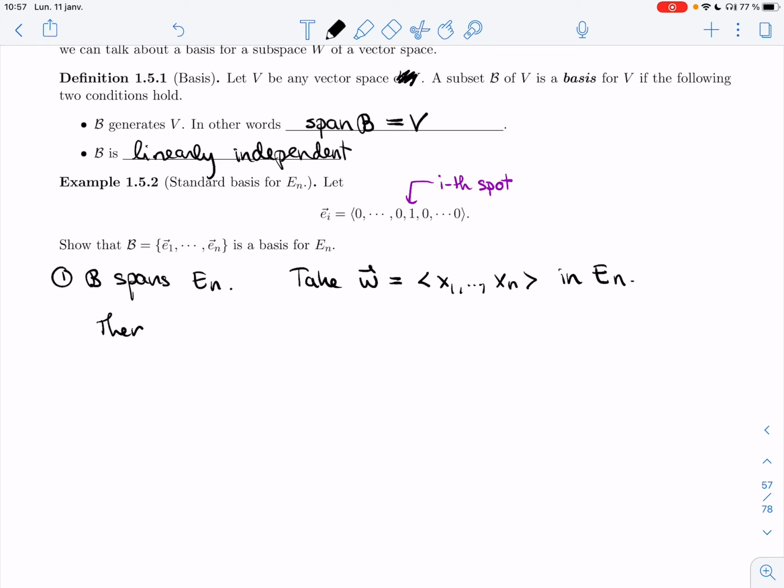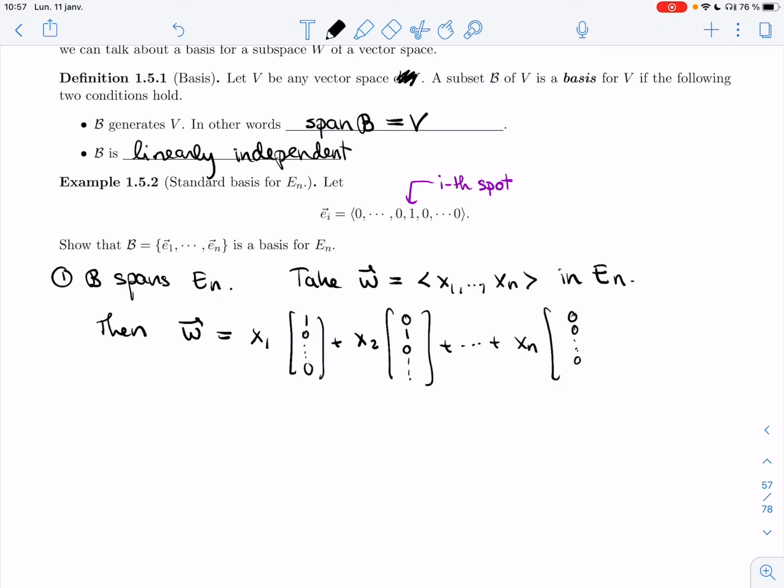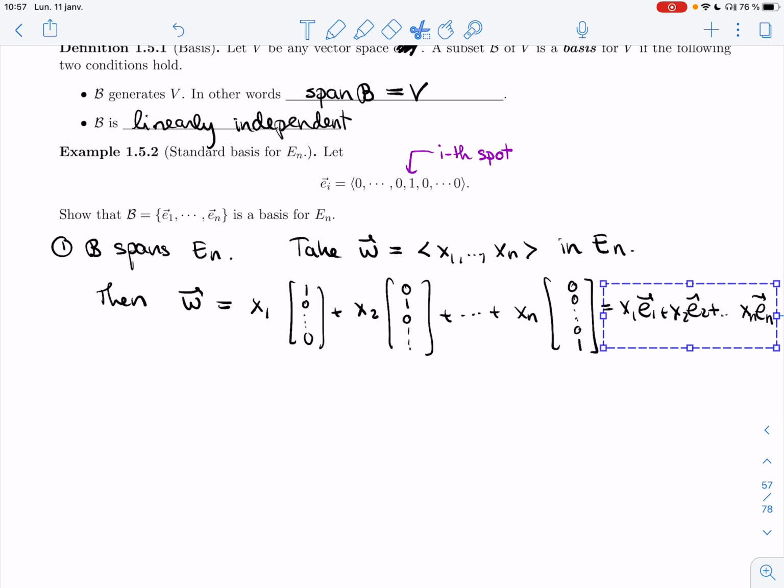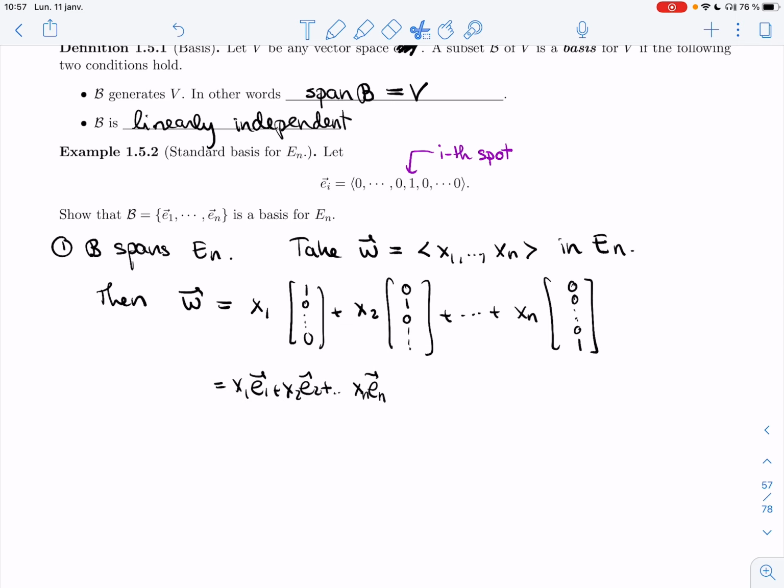Then I'm going to show w is in the span by writing it as x_1 times (1, 0, 0) plus x_2 times (0, 1, 0), and so on, and then x_n times (0, 0, 0, 1). And so I have x_1 e_1 plus x_2 e_2 plus ... plus x_n e_n.